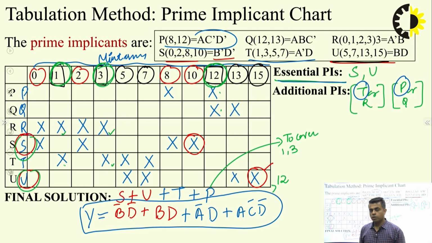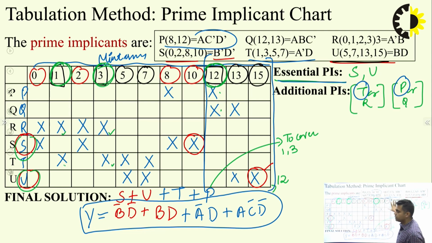So if it is not mandatory to cover them, with 12, 13 and 15 being the don't care terms, I can delete these terms from this table. So this PI chart will cover 0, 1, 2, 3, 5, 7, 8 and 10 only, and the 12, 13, 15 don't care columns will be removed.